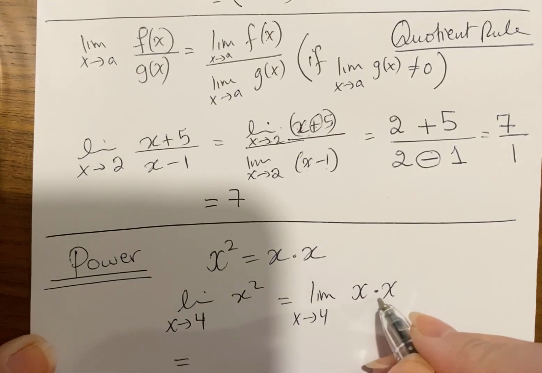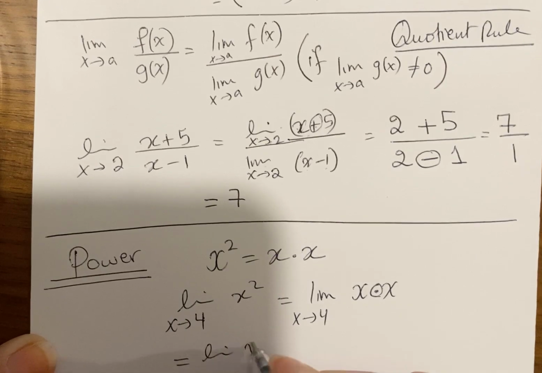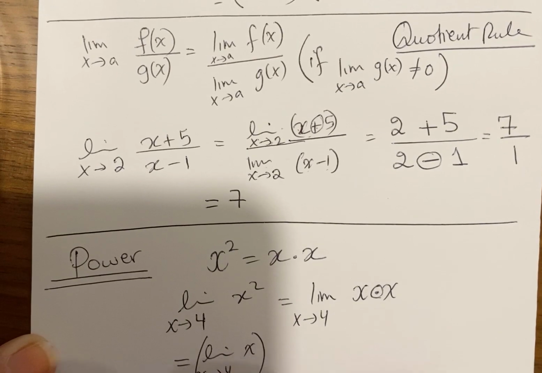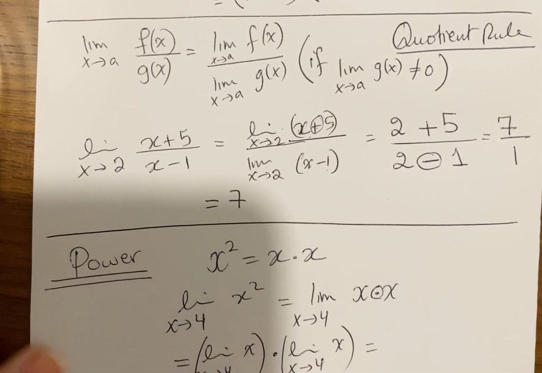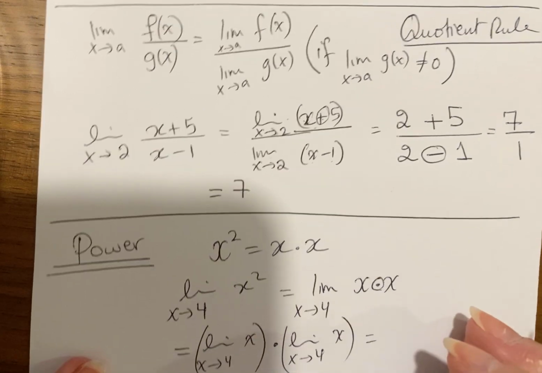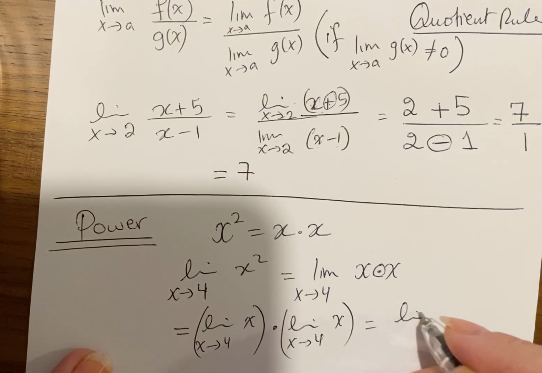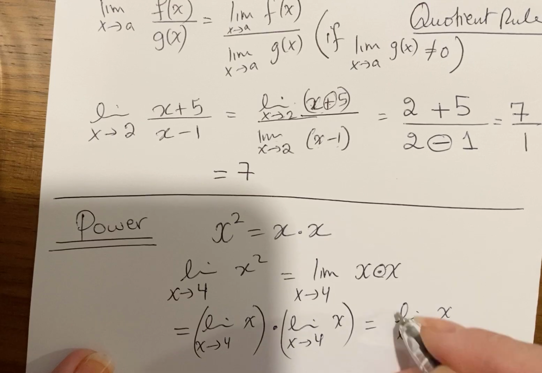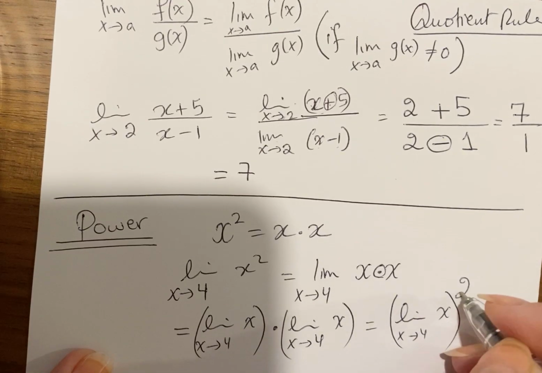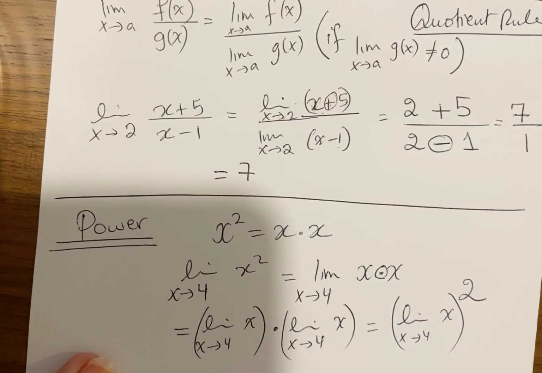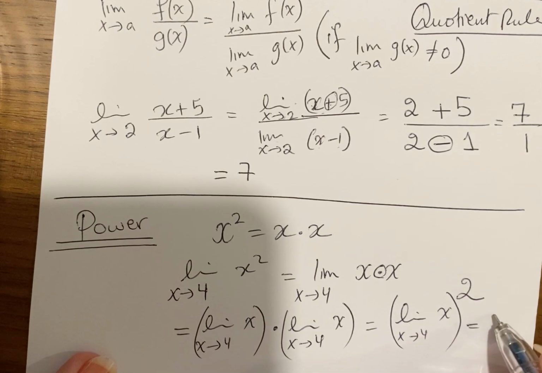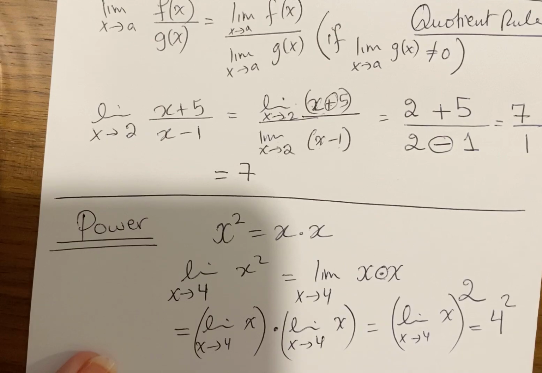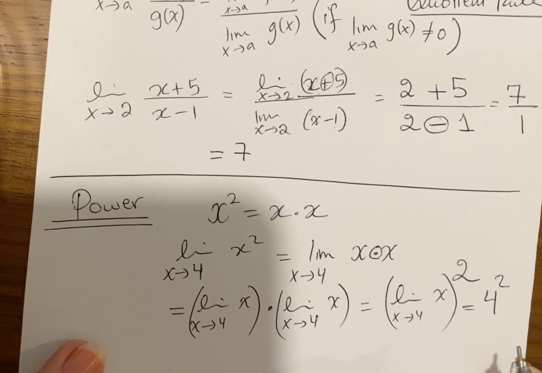But the product rule says if I have a product, then I do the first function alone times the second function alone. This means that I have the limit of x as x approaches 4 multiplied by itself 2 times. So as if I do the limit of x as x approaches 4, and then I square it. So what does this give me? The limit of x as x approaches 4 is 4, squared. So the answer will be 16.